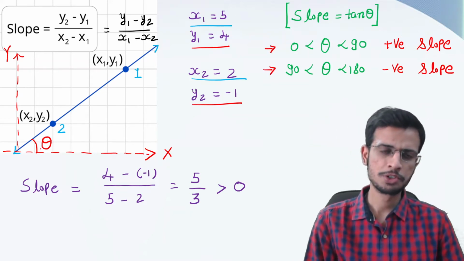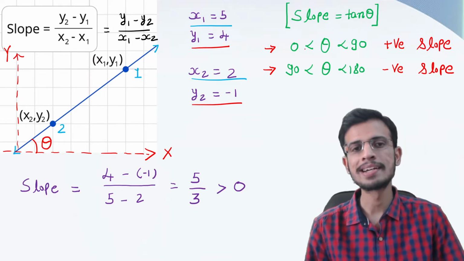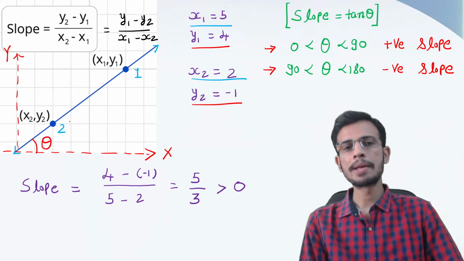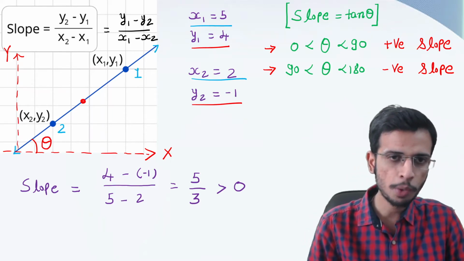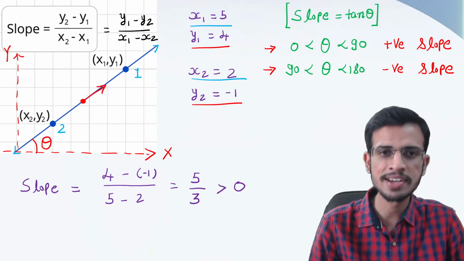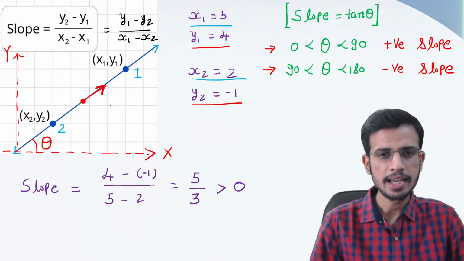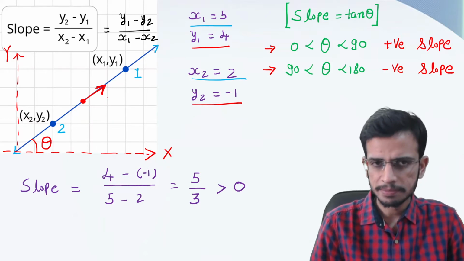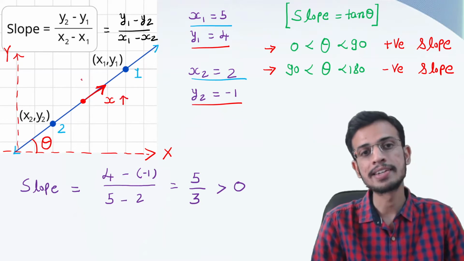So from geometry we can say this angle is between 0 to 90. Positive slope means if you move from this point to this point in this direction, x is increasing, so y will also increase.